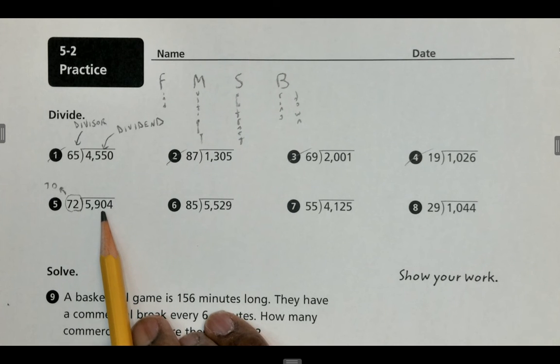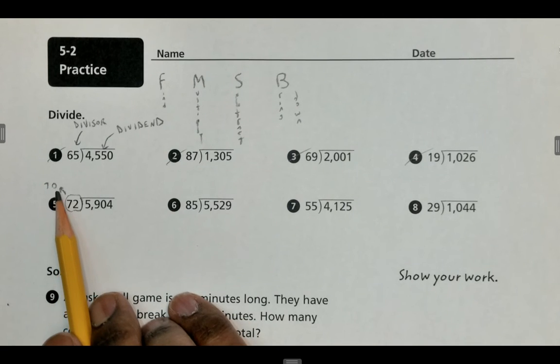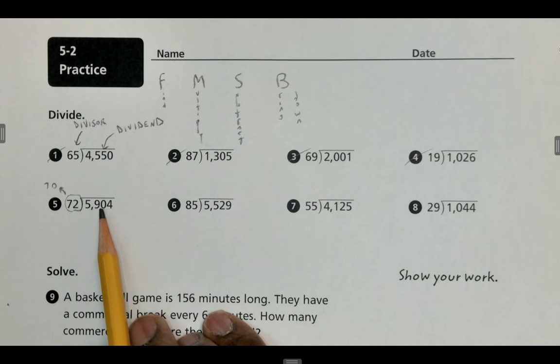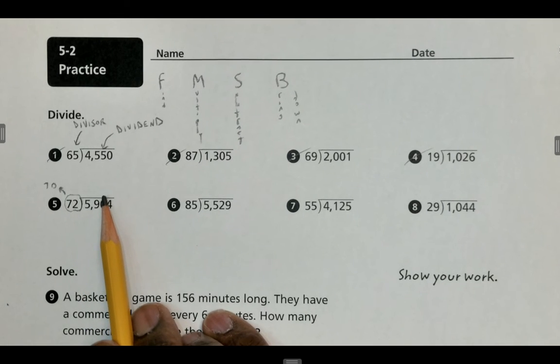Think about my 70 times facts. What is in the ballpark of 590 without going over? Well, 7 times 8 is 56, which means 70 times 8 is 560. That's in the ballpark. So I'm going to test out 8.